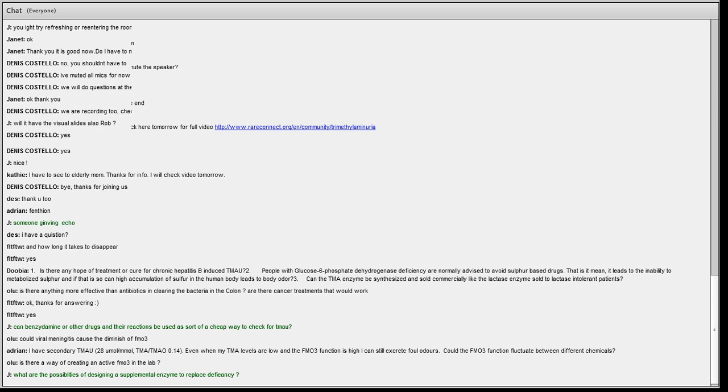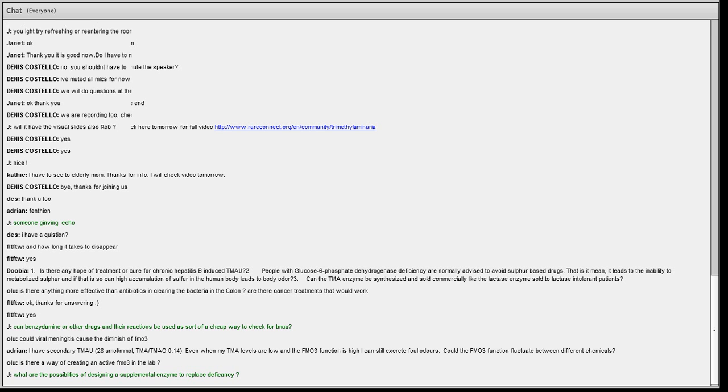One of the things that glucose 6-phosphate dehydrogenase does is produce the reduced form of a chemical called glutathione, which is involved in the metabolism of lots of different drugs.